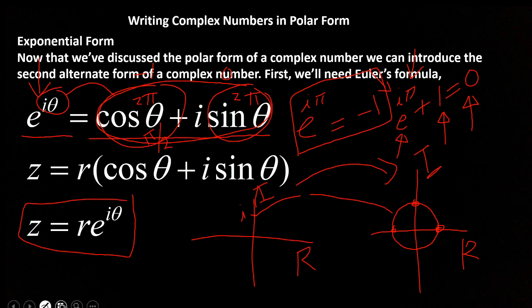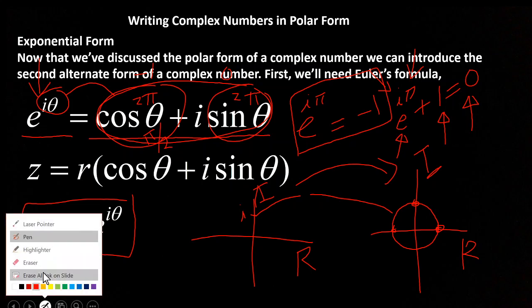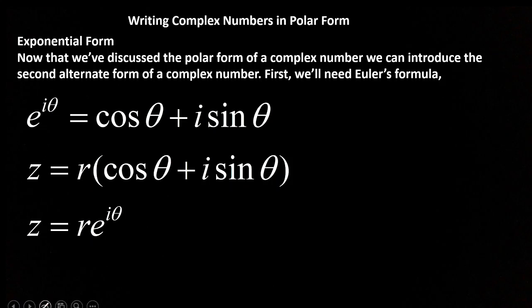Now all of these are going to be explained in other courses when you talk about Fourier transform and application to engineering fields. But for now, we're just going to use it as a form for complex numbers.